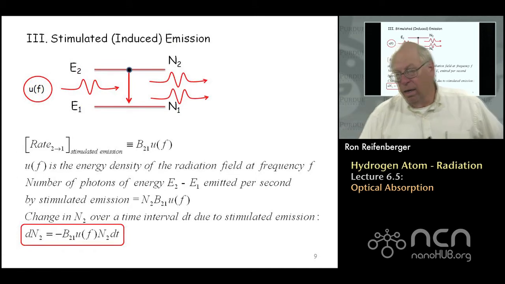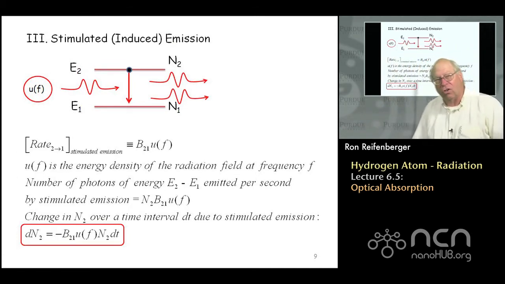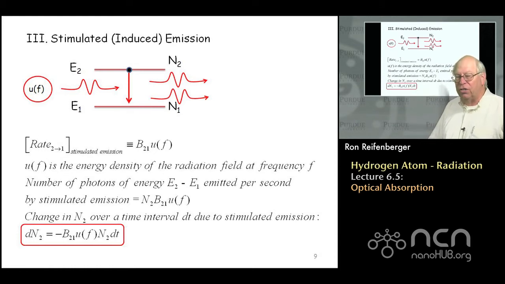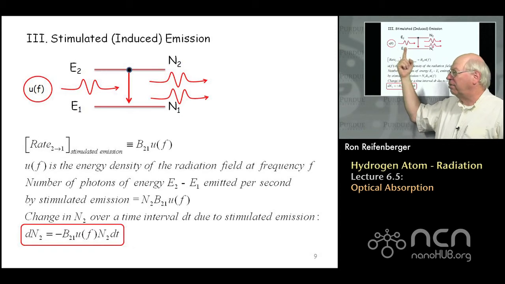The third rate is the stimulated emission, also referred to as the induced emission, of electrons from energy E2 down to energy level E1. And that stimulation or inducement of photon emission is seeded, it's triggered by this incident photon, right?